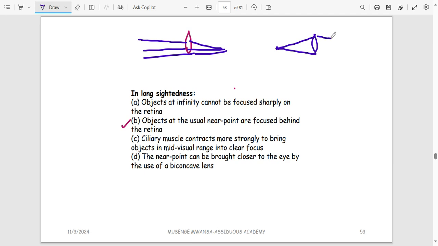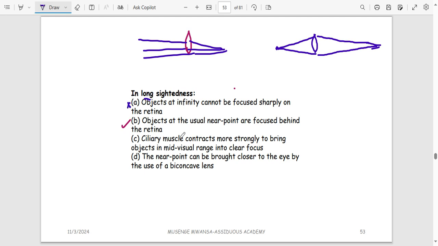It might take a lot for you to converge, and you end up converging way beyond the retina. So objects at infinity cannot be focused sharply. That's not true, because what's at infinity, that's actually what you are able to see, what is at a far distance. So this is false.